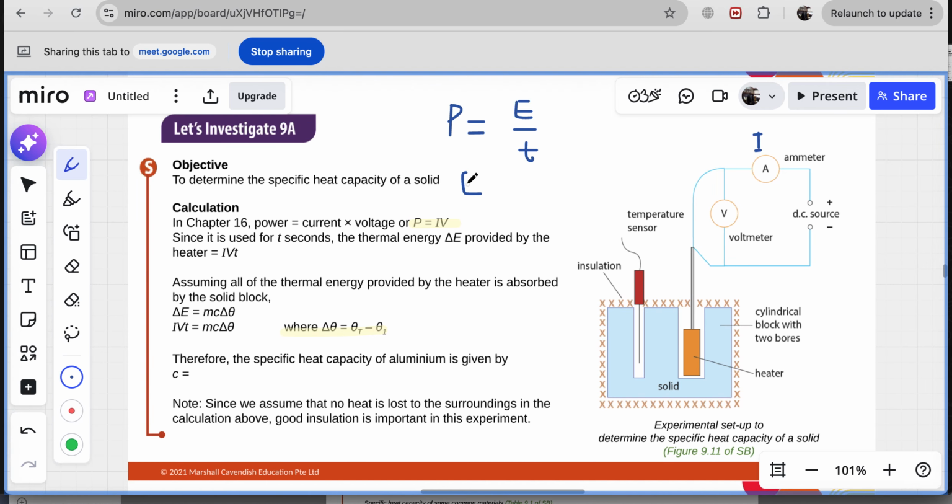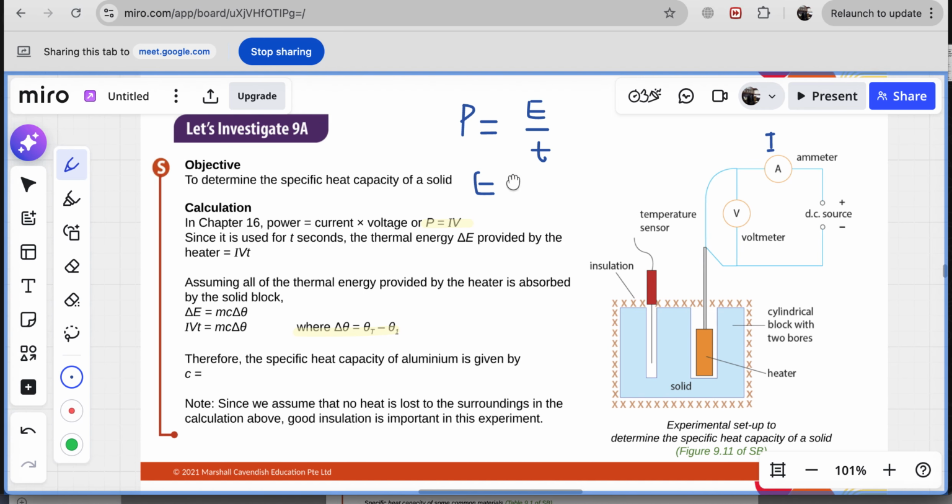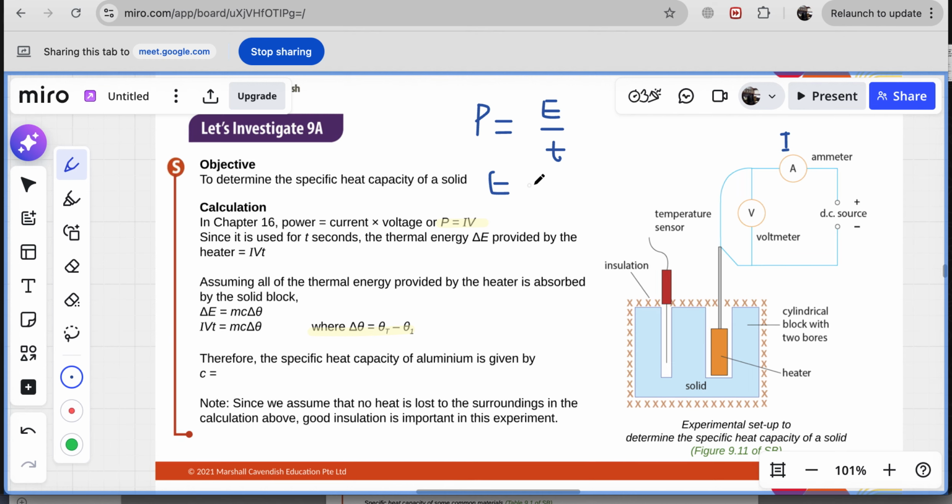Remember, we already have the formula for power, IV, which is energy over time. If I cross multiply to get my energy, because we need the energy in specific capacity, energy is power times time. When you do an experiment, you have to show the calculation. Energy is power times time.